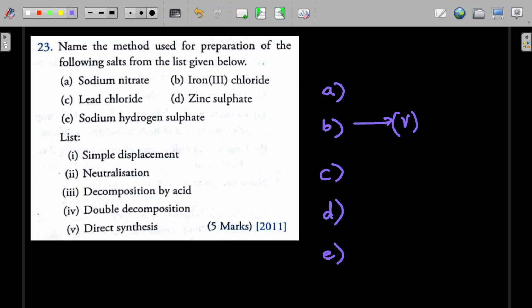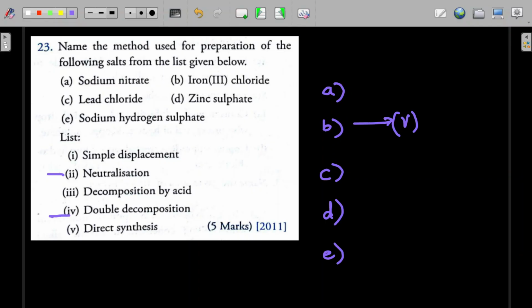Sodium nitrate. All sodium and potassium compounds you want to prepare usually will be double decomposition. So under that, which one? Here you have double decomposition, and you have neutralization, which also comes under double decomposition.